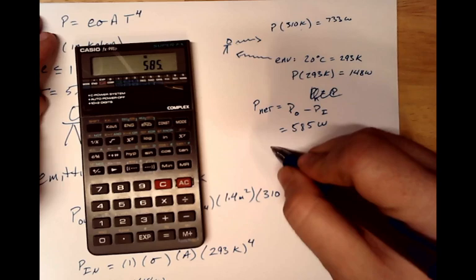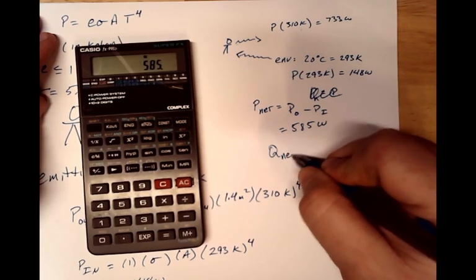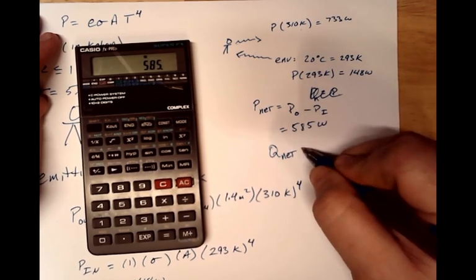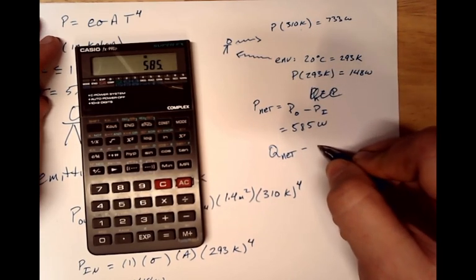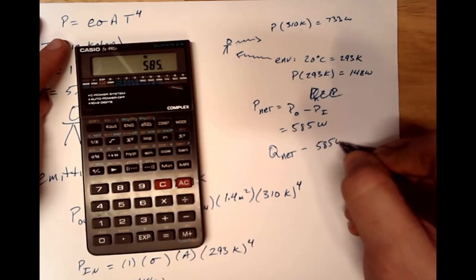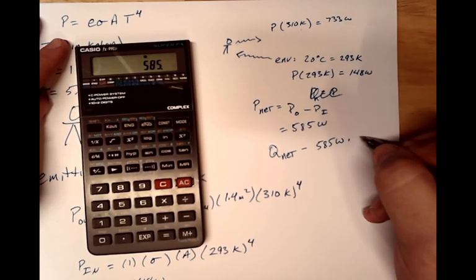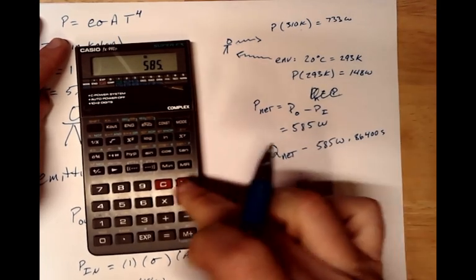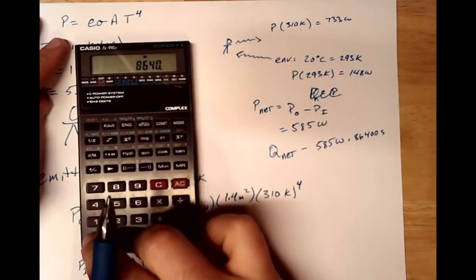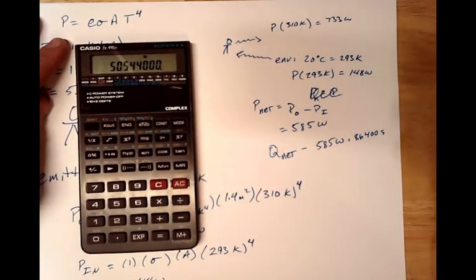Well, the net energy loss over a day is going to be this number times 86,400 seconds. Big number. All right.